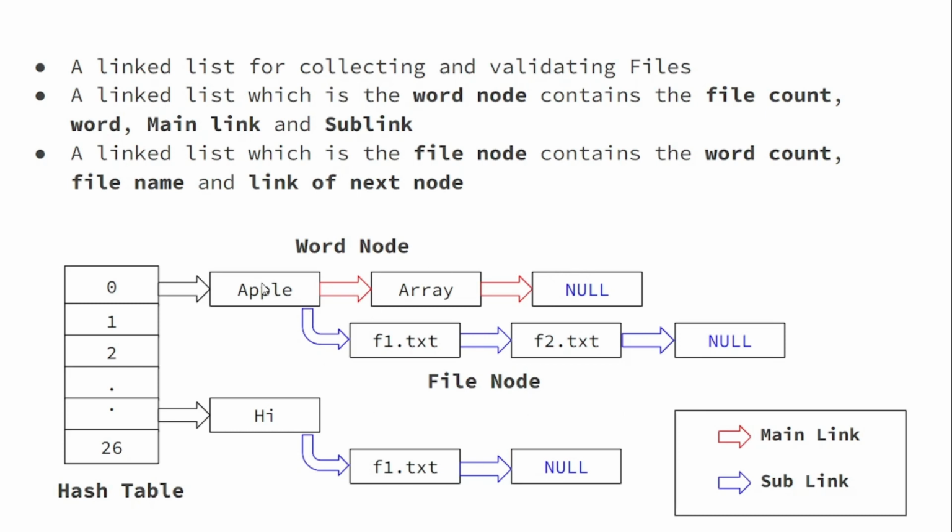Let us say in this given example, we have already mapped apple to file1.txt. If another occurrence of apple comes, first we will check whether this apple is part of this file1. If it is part of file1, then we will just increment the word count in the file1 file node.